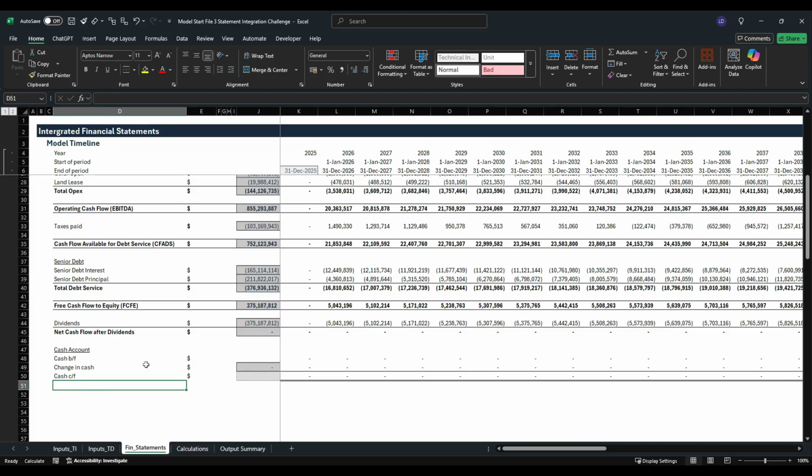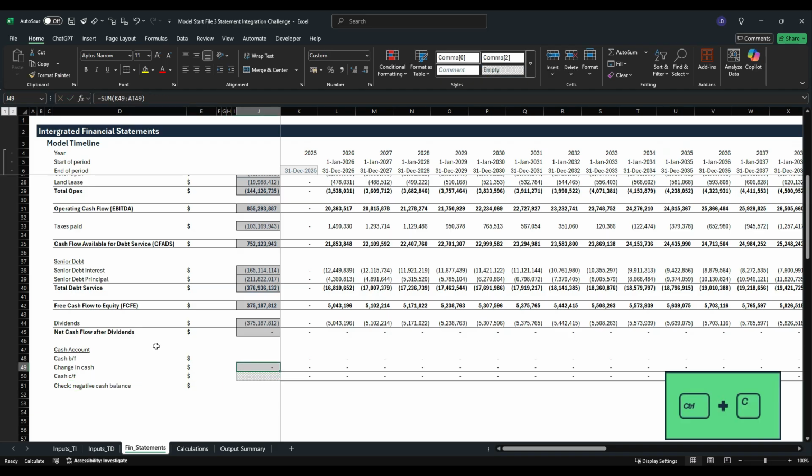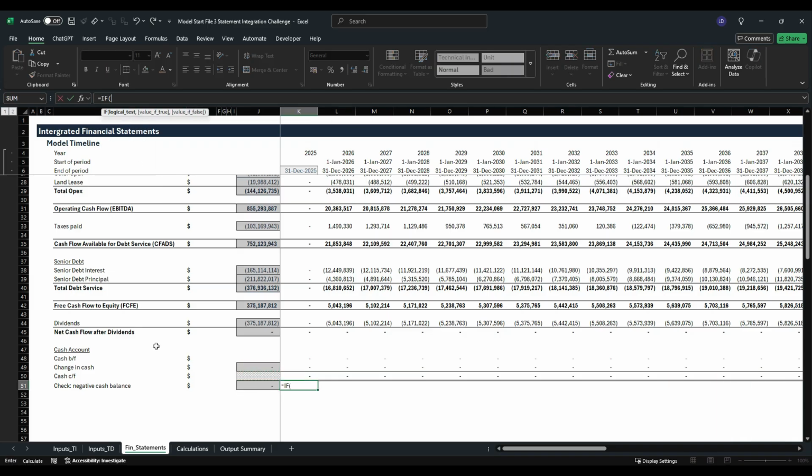And what I like to do is implement a check. And we can say check negative cash balance. So I want to make sure that my cash balance never turns negative. We can also pick up a row total here. And this is a simple if statement. If row K50 is smaller than 0, then we want our flag to turn on.